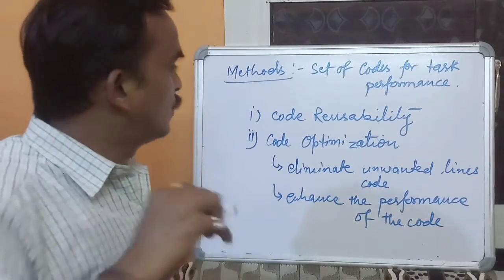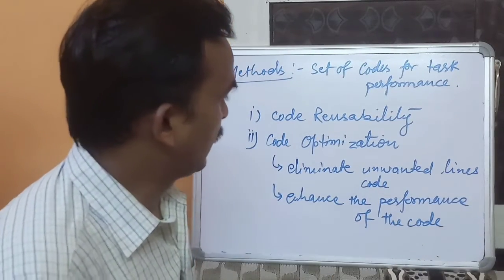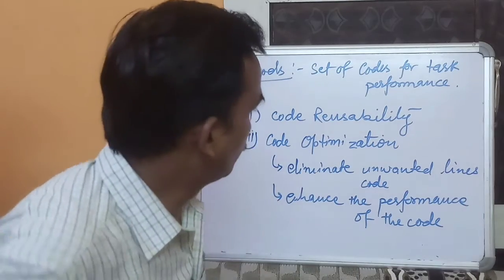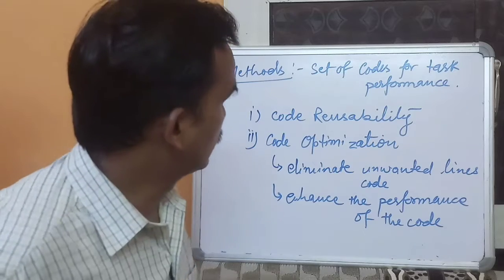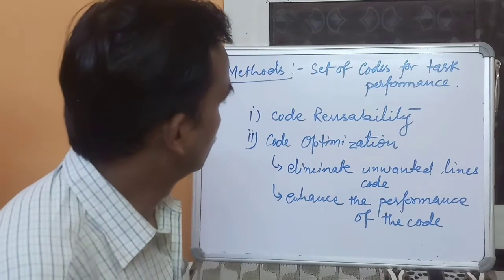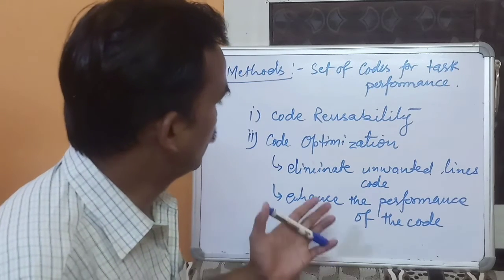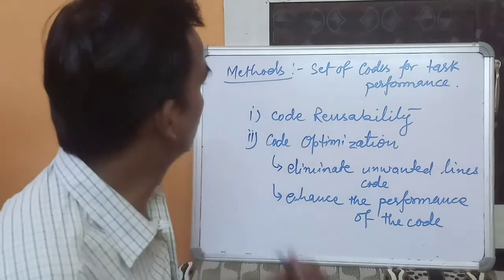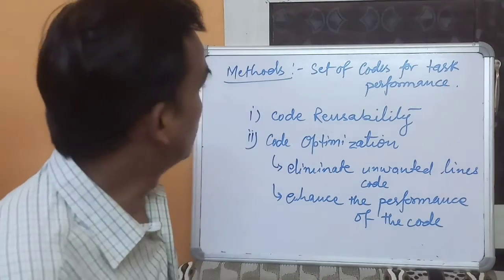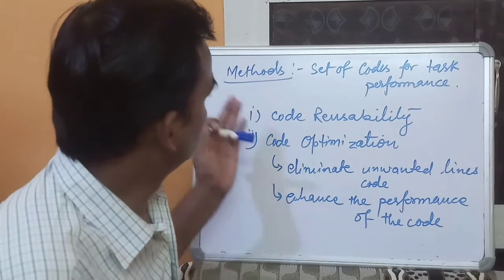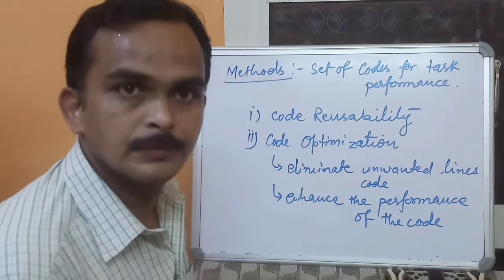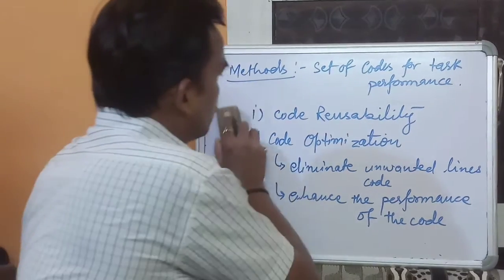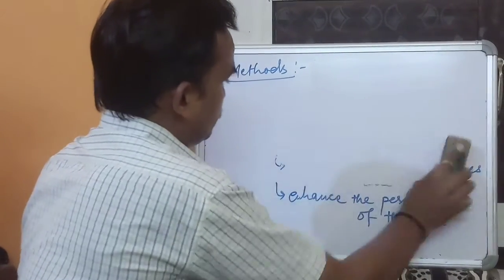So these are the two main approaches achieved by code optimization. For such requirements, we use the concept of methods. A method exists inside the class and is called by the objects. So that's why we need an object.